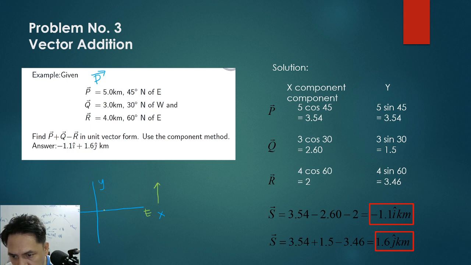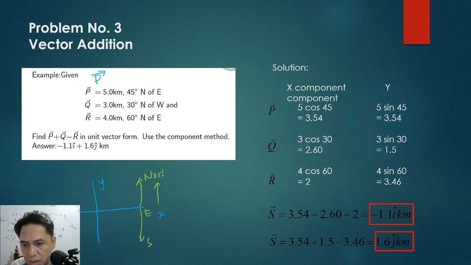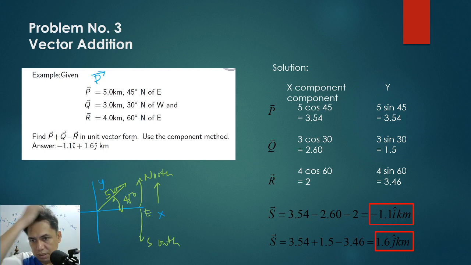The angle is coming from the east towards the north. North of east is this, and this is south of east. The magnitude is 5 kilometers, and the angle involved is 45, or half of 90. Right, so we finished this.